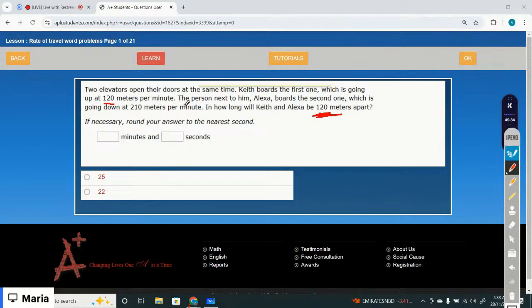This is the distance you need to cover, right? So Keith is going 120 meters per minute and Alexa is going 210 meters per minute. So the total rate is 120 plus 210, which is 330 meters per minute, right? That is the total.